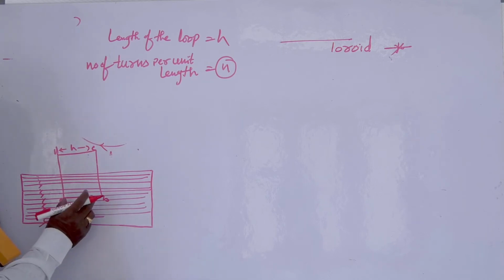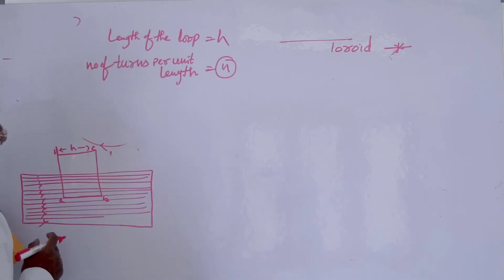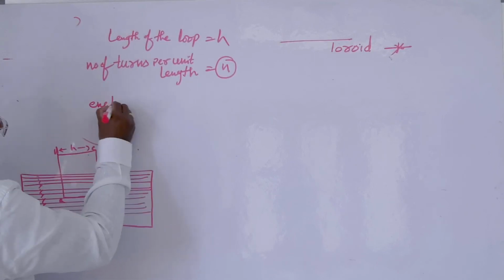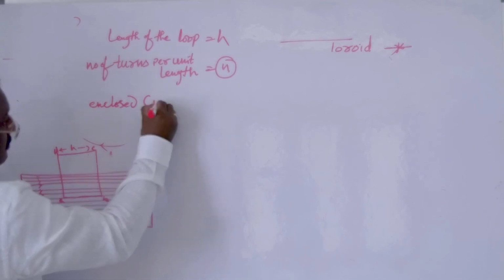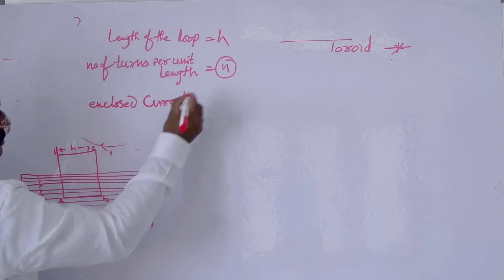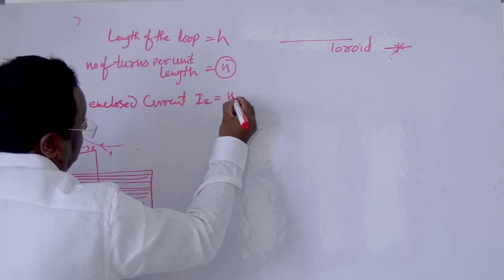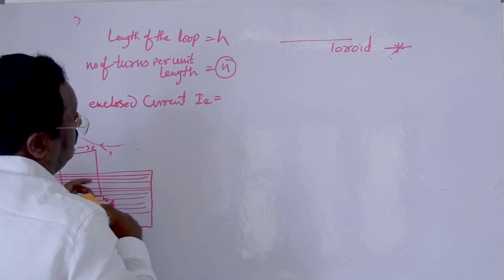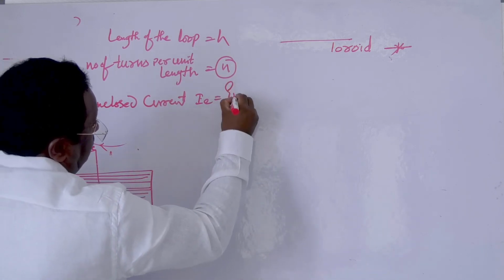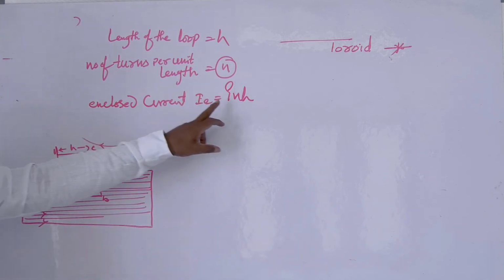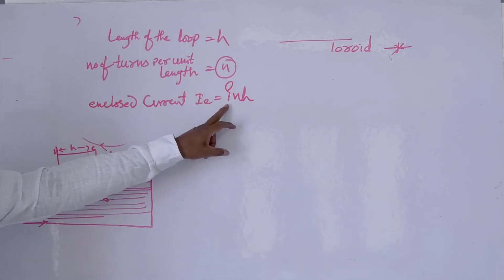To find the magnetic field using Ampere's law, we now write the enclosed current in a solenoid. I is the flowing current in the solenoid.